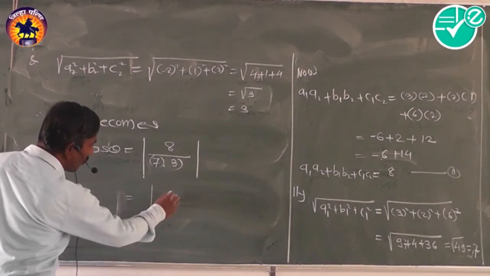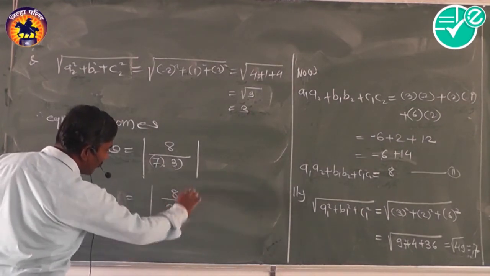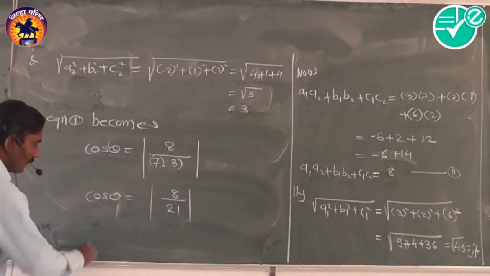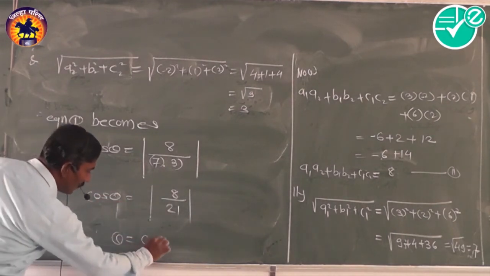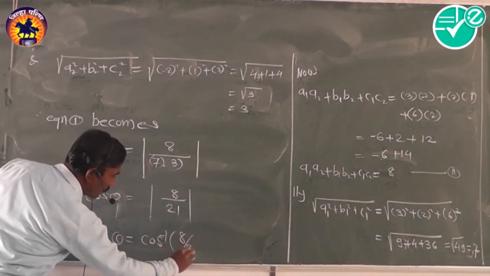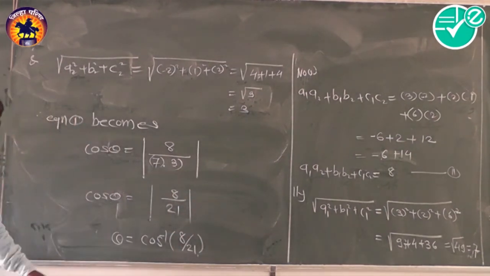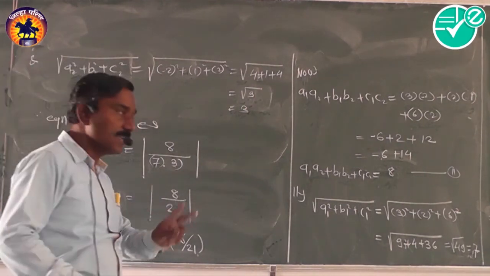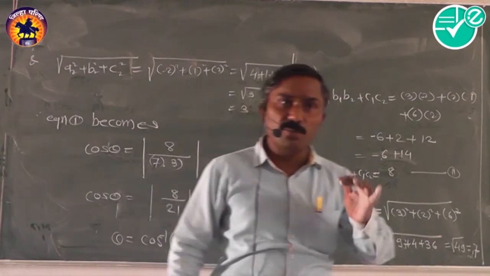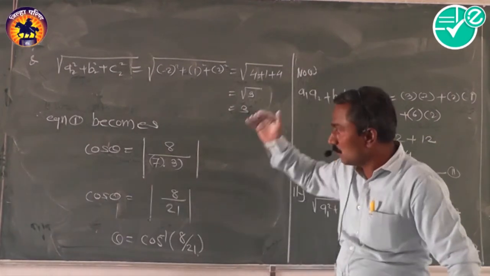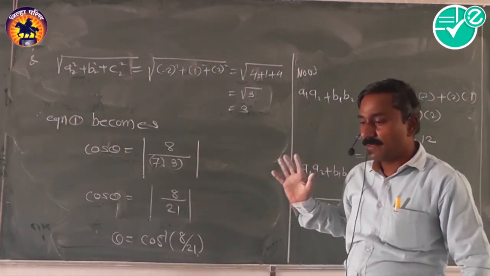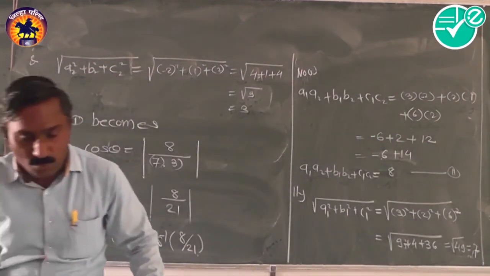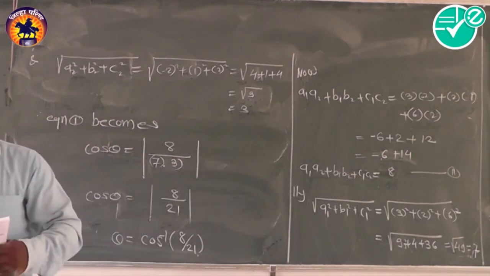So this is the mod of 8 divided by 21. Therefore theta is equal to cos inverse of 8 by 21. So this is the required acute angle between these two lines if we are given the direction ratios of the lines. So it is very easy to find the angle between any two lines if we are given direction ratios.